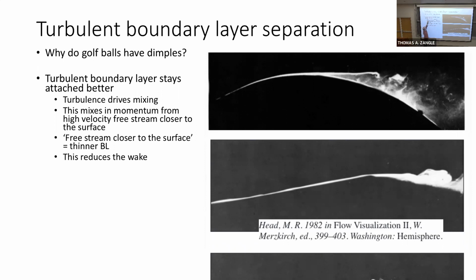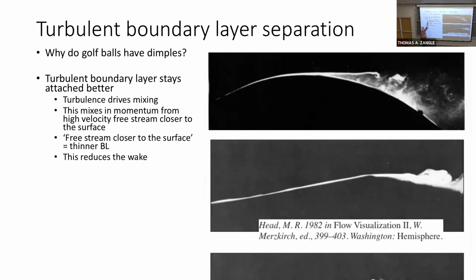But one way to understand this is that turbulence causes mixing, right? Remember, in the last chapter, we defined turbulence in terms of its ability to mix things, right? So turbulence drives mixing, and this mixing in the turbulent boundary layer actually mixes momentum.